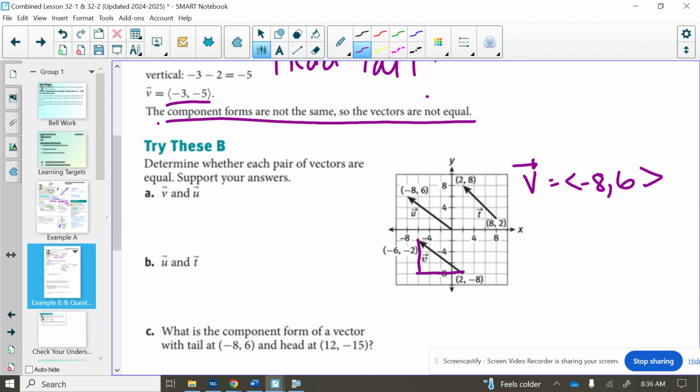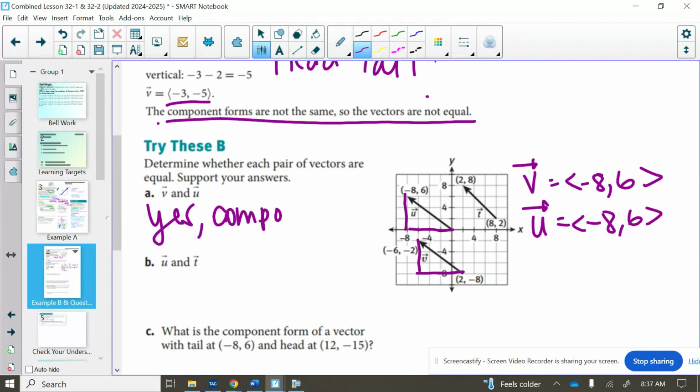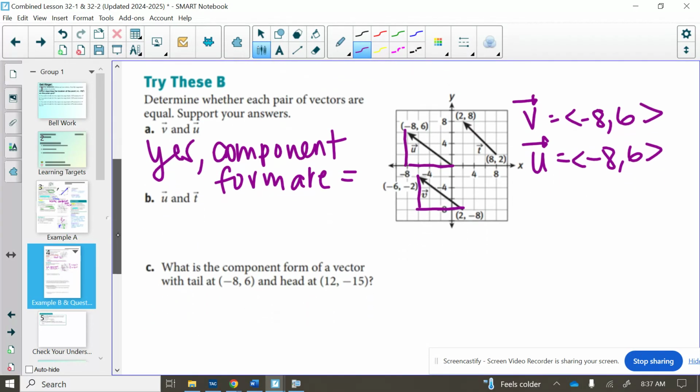And then we have U. We are moving 2, 4, 6, 8 to the left, and then up 2, 4, 6 again. So we would say that yes, these are equal because our component forms are the exact same. They are equal.